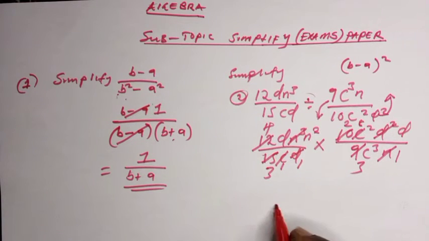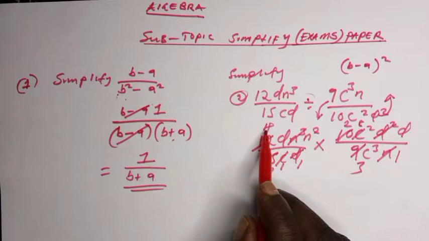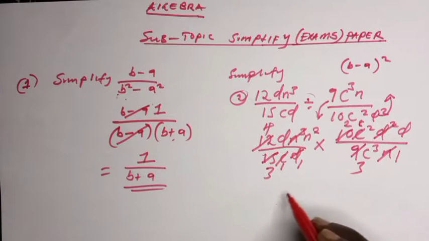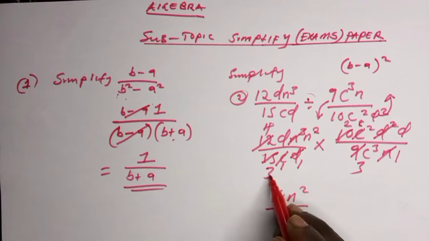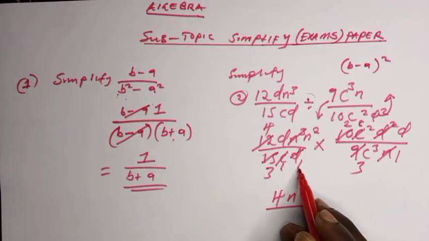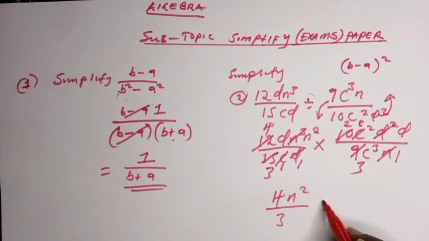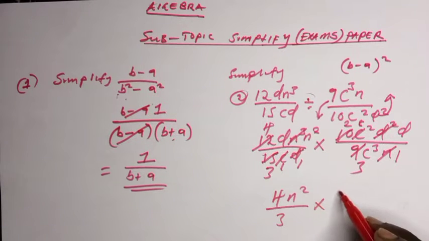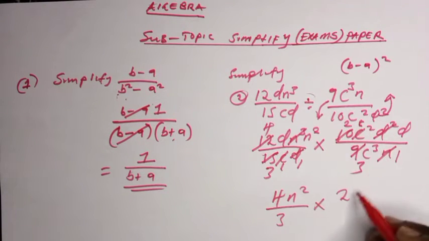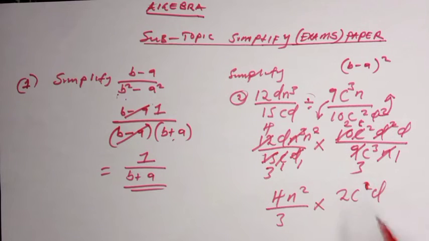So we multiply: it will be 4n squared over 3, times 2 times c times d, just c, because here there was a c squared.